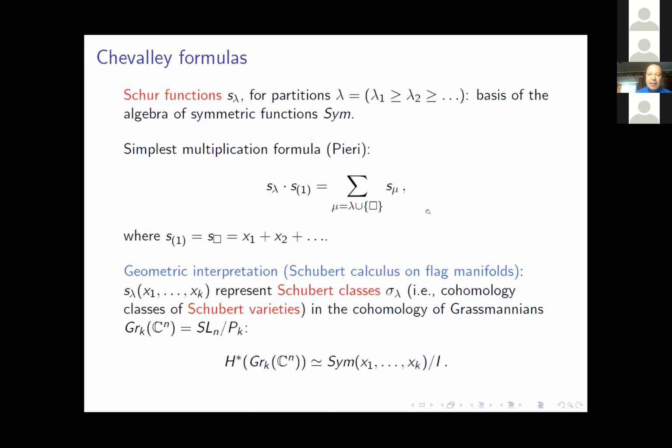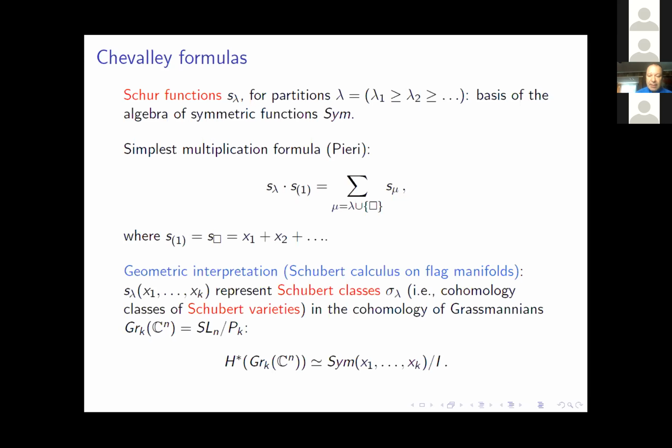But most importantly, the geometric interpretation is important in terms of Schubert calculus on flag manifolds. So it is well known that Schur polynomials represent Schubert classes, that is cohomology classes of Schubert varieties, in the cohomology of the Grassmannian of k-planes in C^n, which is also a quotient of SL_n by a certain parabolic subgroup.